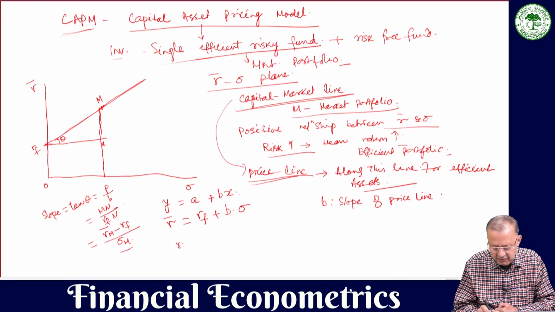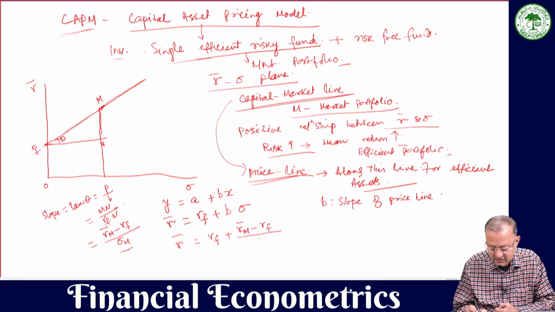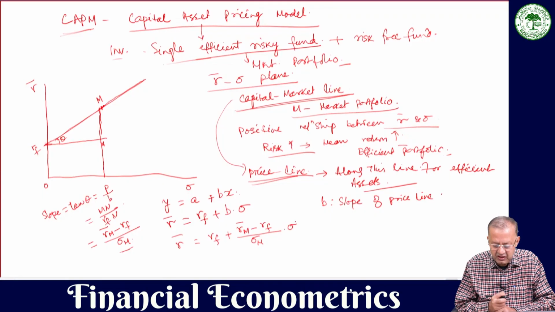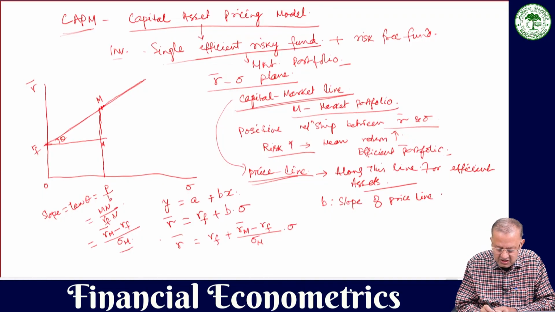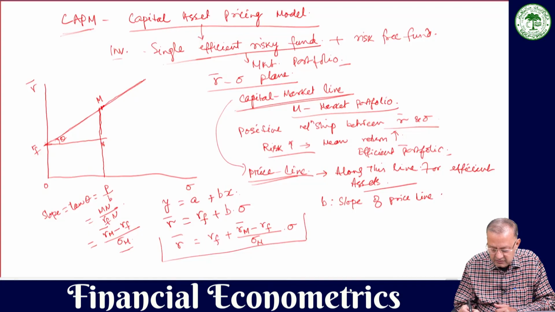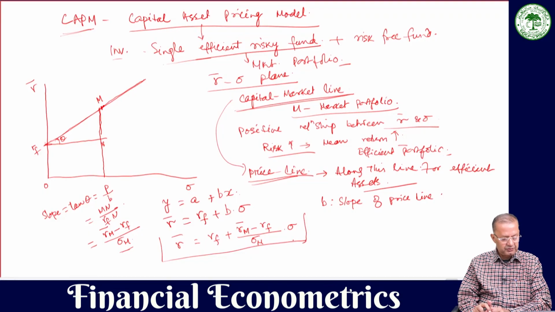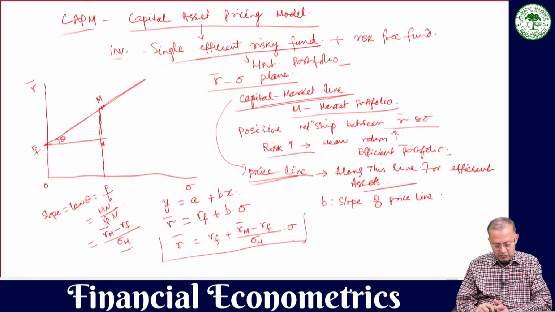So this equation, finally, can be written as R bar equals rf plus (rm bar minus rf) divided by sigma m, where rm bar is the mean rate of return of the market assets and sigma m is the standard deviation of the market asset, into sigma, the overall standard deviation of the asset. So this is the equation for this line.